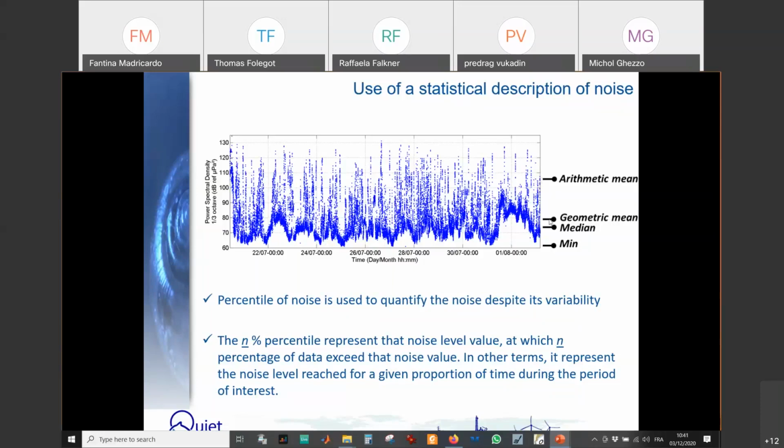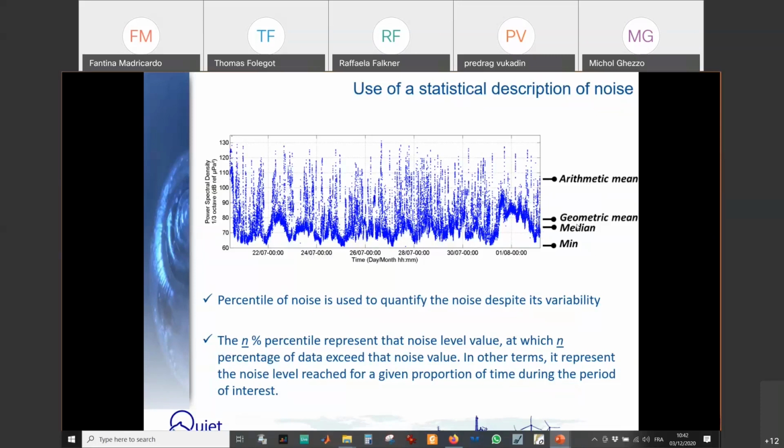A geometric mean would be here. A geometric mean means when you average the decibels, where the arithmetic mean means when you average the Pascal. Okay, it's very different because the decibel is a nonlinear scale. So when you do the averaging in Pascal and when you do the averaging in decibels, you don't have the same results.